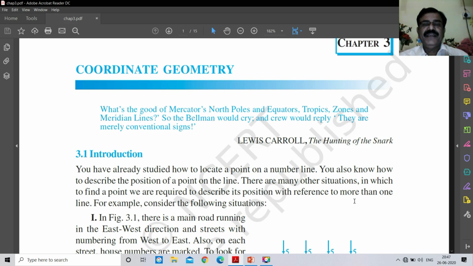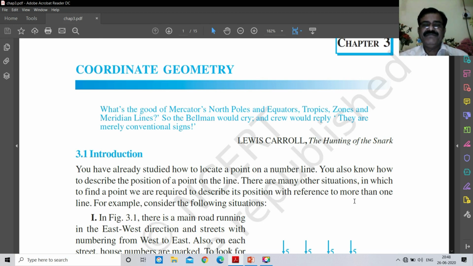In any plane you have to draw the x and y axis, which are the horizontal and the vertical line, and by drawing them we obtain four separate parts which are known as the quadrants.